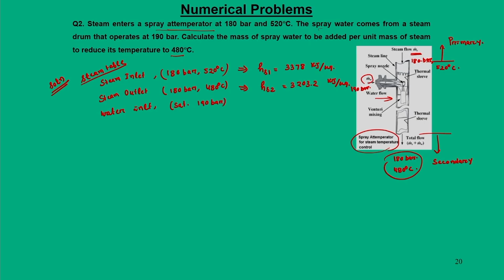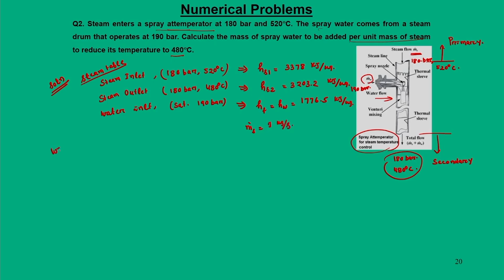So, saturated pressure table can be referred to find out HW or HF is equal to HW at 190 bar. This number is 1776.5 kilojoule per kg. Now, we also know that per kg unit mass of the steam, that means m dot s is equal to 1 kg per second.